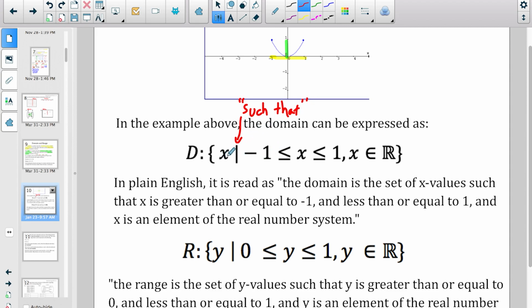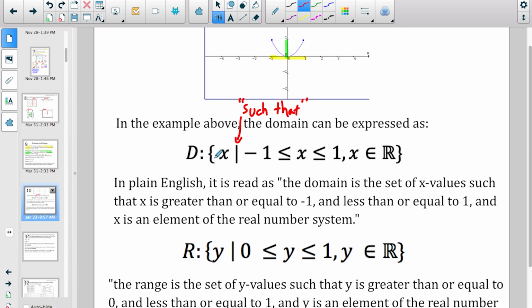Okay, so the set of all x values such that x is greater than or equal to -1 and is less than or equal to +1, and x is an element of the real number system. Now that's a lot of things to remember, but we want to break it down very slowly.